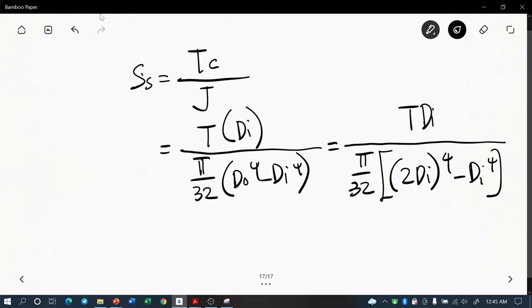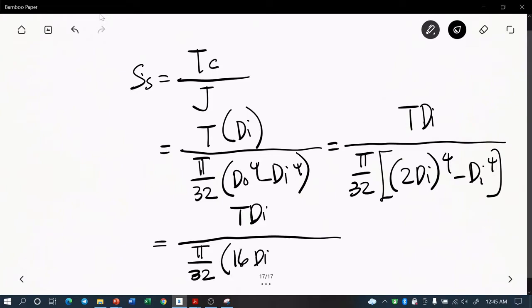Further, we're going to simplify those expressions. d sub I, pi over 32, 16 d sub I to the 4 minus d sub I to the 4.